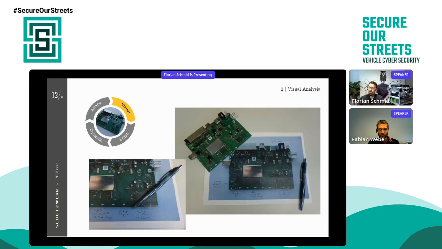When doing the visual analysis, the first step is the identification of all parts which might be relevant on the PCB, meaning the search for data sheets and getting information on the functionality, which components might be interesting and which might be less interesting.